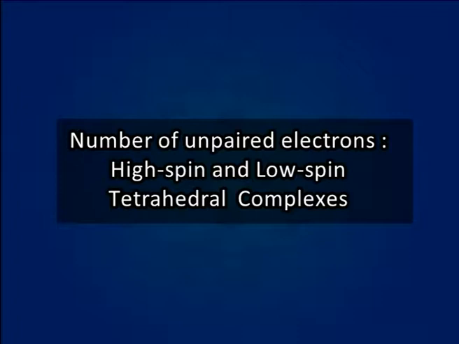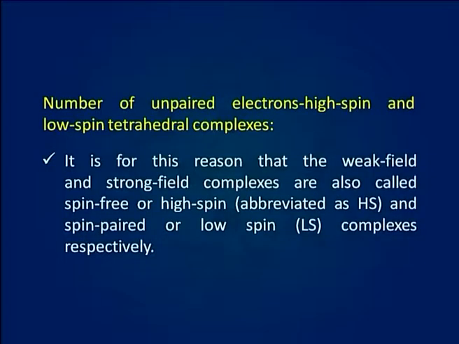As we have discussed in the earlier lecture, for tetrahedral complexes, weak field complexes of d3, d4, d5 and d6 ions have a greater number of unpaired electrons than those of strong field complexes, and are thus with a higher value of total spin, which you can denote by capital S. It is for this reason that the weak field and strong field complexes are also called spin free or high spin, and spin paired or low spin complexes respectively.